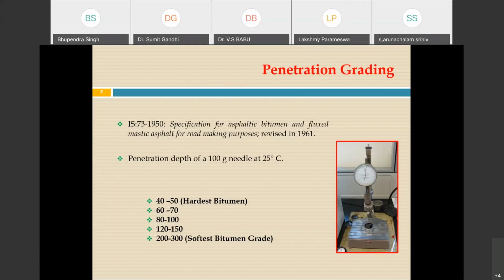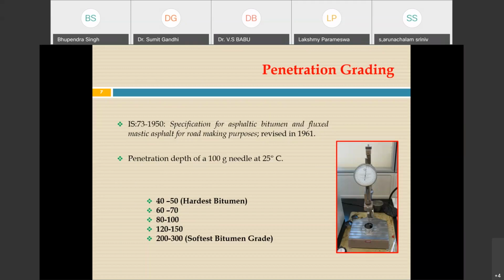So if the penetration grading of a binder is 80 to 100, that means its penetration values will come between 80 and 100. The lower the penetration grading, the harder the bitumen. So the hardest grade of bitumen according to penetration grading is 40 to 50, and the softest is 200 to 300.